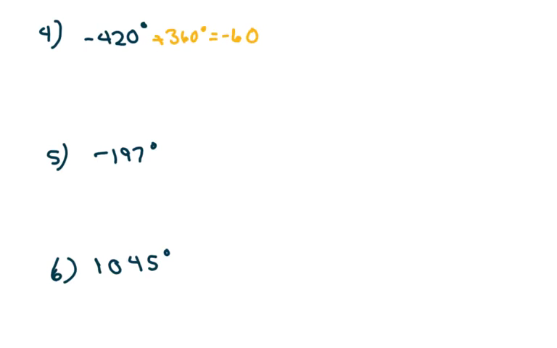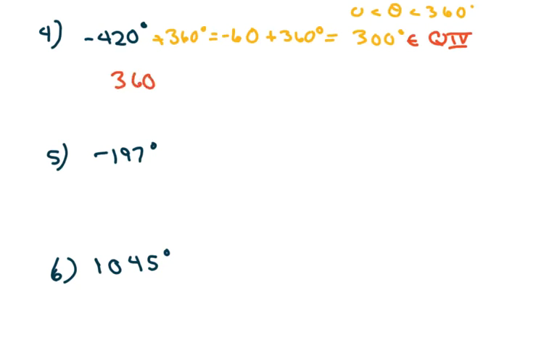I'm going to add 360 again, because I have to get it in between 0 and 360, and it's not yet. When I add 360 again, I get 300 degrees. Now, 300 degrees belongs to quadrant 4, so I'm just going to take 360 minus my angle, which is 300, and that's going to be 60 degrees, which is in quadrant 1.